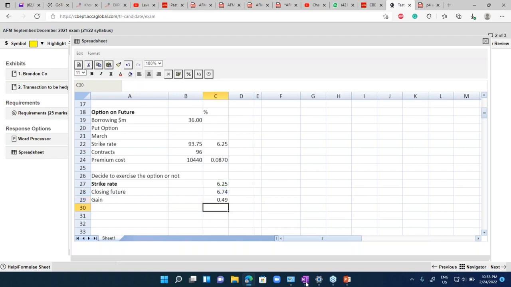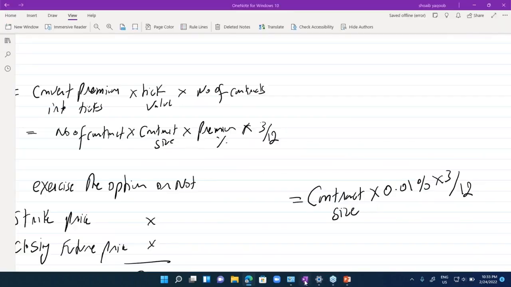So you have two choices to convert the gain into absolute amount. One is convert it into ticks, 49 ticks. This is the formula to calculate the tick. Contract size is 500,000, right? Into tick value 0.01% into 3 by 12.